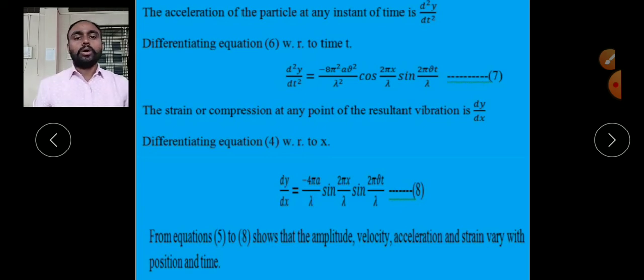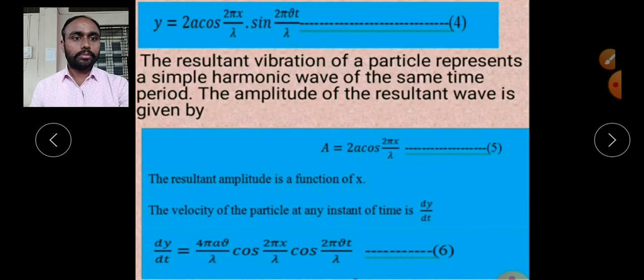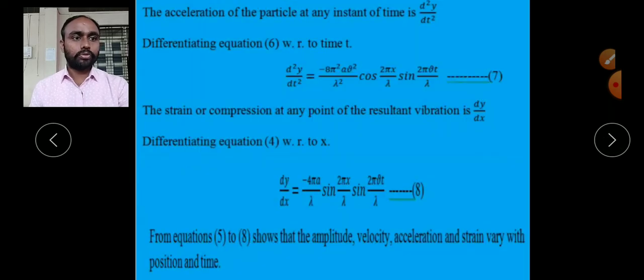Now, from equations 5 to 8, let us see what we got. Equation number 5 is the amplitude of the resultant wave. Equation number 6 is the velocity of the wave particles, or particle velocity. Equation number 7 is the acceleration of the particle, and equation number 8 is the strain or compression.